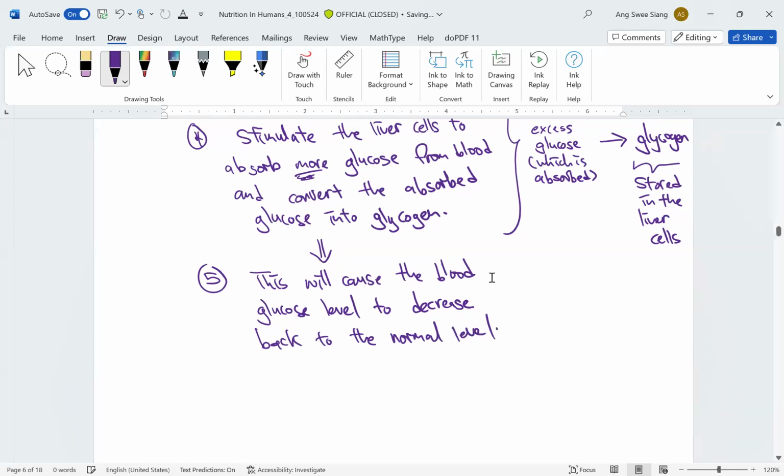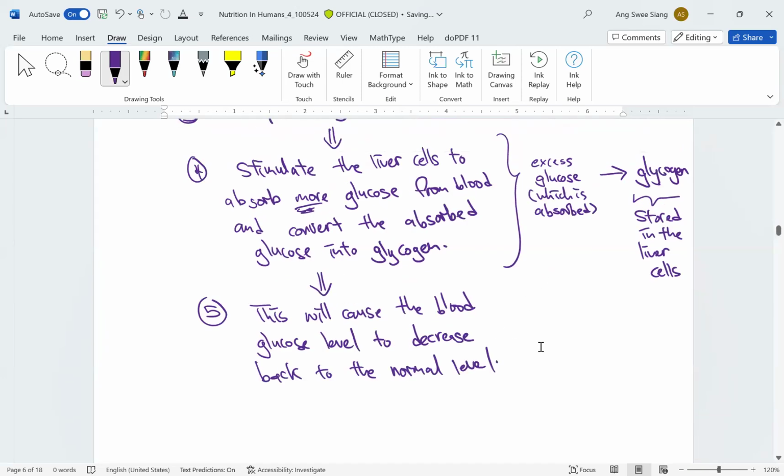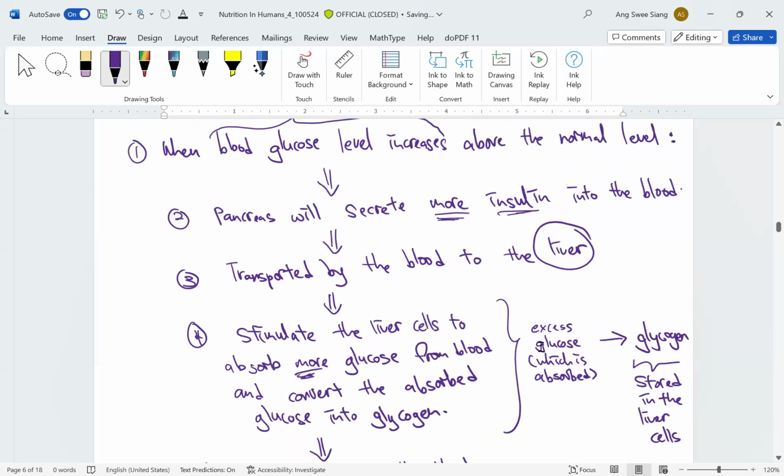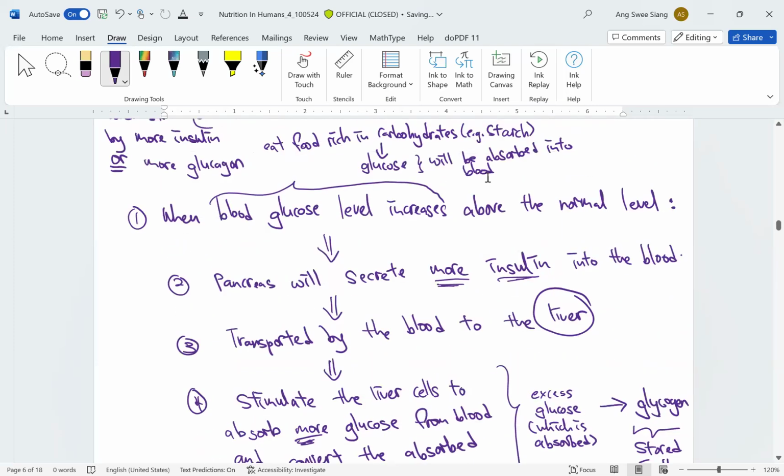This will cause the blood glucose level to decrease back to the normal level. So this is what happens when the blood glucose level increases above the normal level.